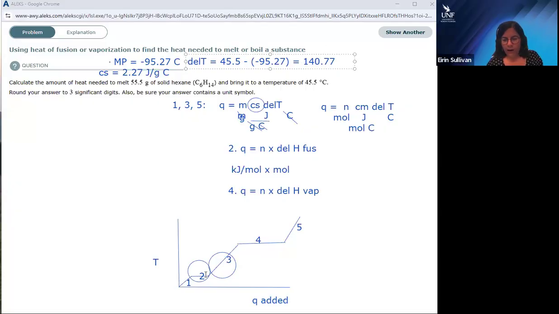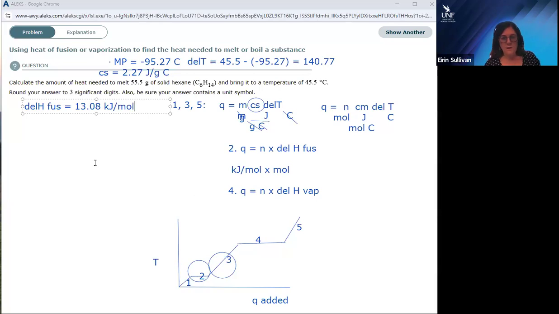All right, so we are starting off where we are melting, and melting is going to be related to the enthalpy of fusion. So we're going to have to look up the enthalpy of fusion for hexane as well. Delta H fusion for hexane, if you look it up in your ALEKS data tab, is 13.08 kilojoules per mole.